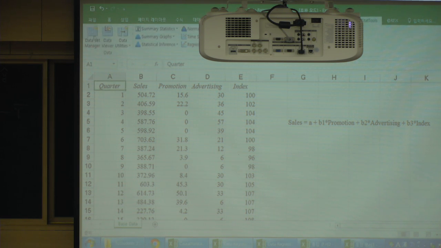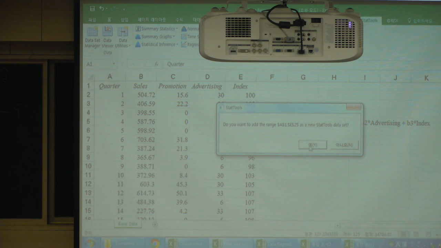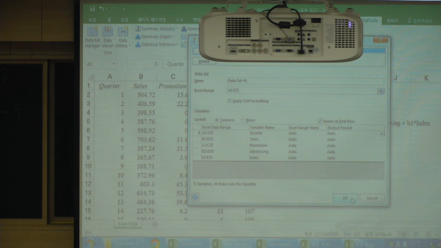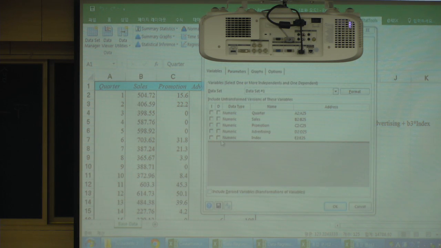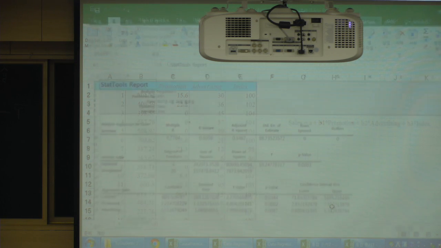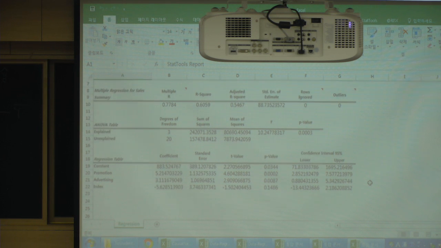So you go to the data set, integration analysis, and I want to have my sales and promotion, advertising, and index. Okay, then that's what I have.